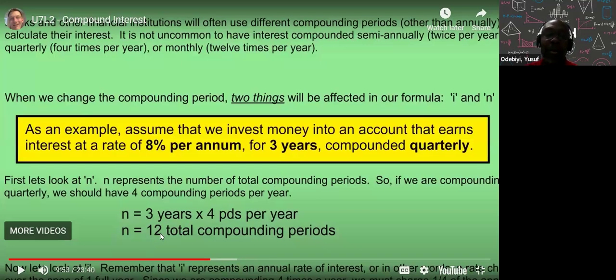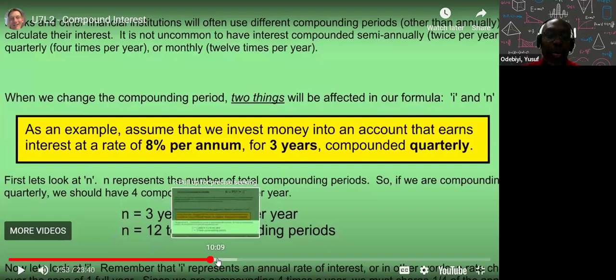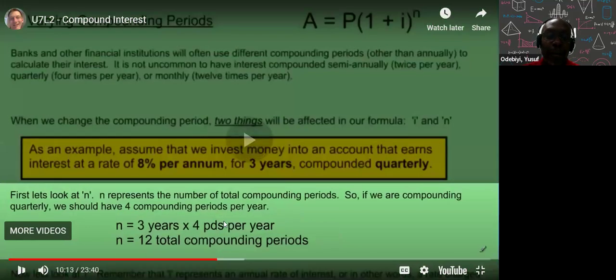Altogether, I'll have 12 compounding periods in 3 years. Instead of n being the number of years, it's how many times it's being compounded.